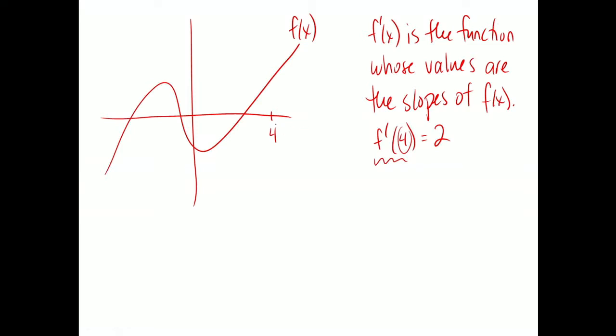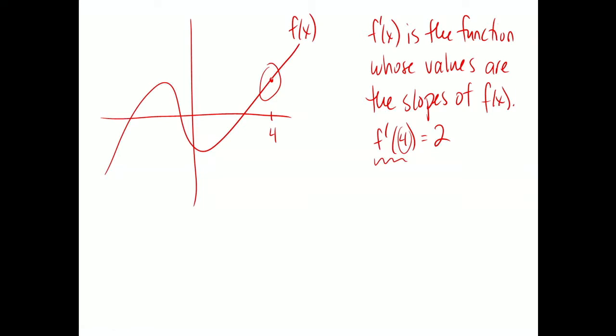In other words, I'm talking about what's happening at x equals 4, which on my graph would be up here. I don't know what y value that is, but that point right there is where the function is at x equals 4, maybe 4 comma 1 or something like that.